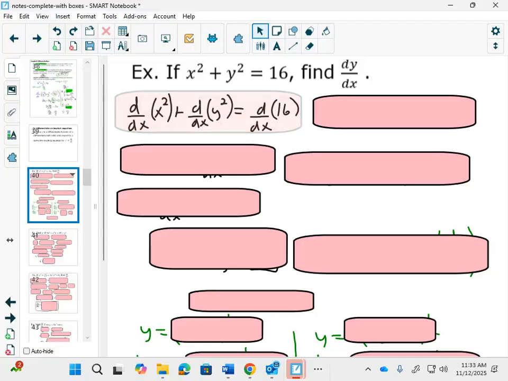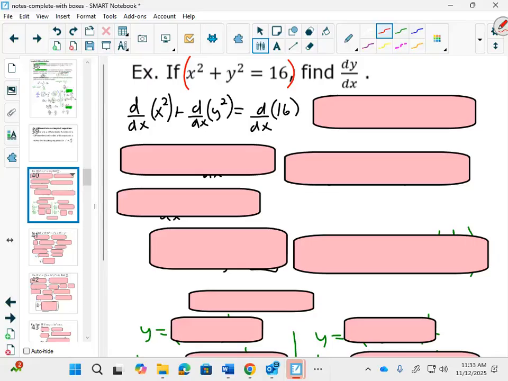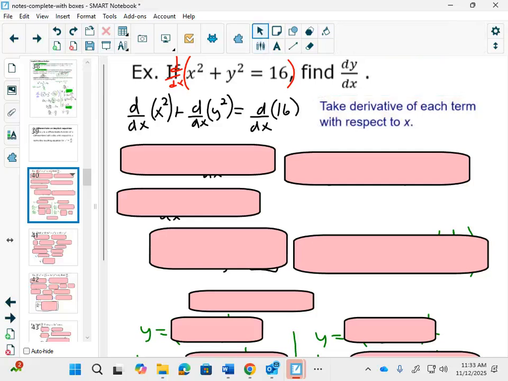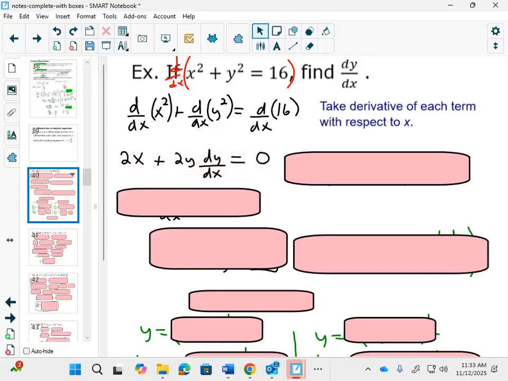So I take d dx. I actually like putting the whole thing in brackets sometimes and doing d dx like this. But that means I'm taking the derivative of each thing separately with respect to x. The first one, that's just 2x. The derivative with respect to x of y squared would be a chain rule.